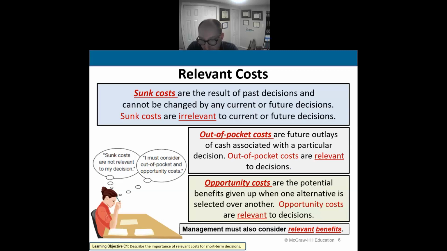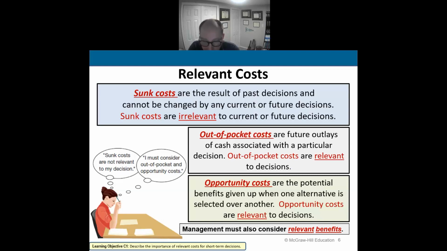Another example of an opportunity cost that I believe we talked about earlier on, it may have been Principles of Accounting 1, I don't remember, is the idea of you going to school, right? So you're a student, your opportunity cost is the amount that you would earn if you were working during these hours that you're going to school.